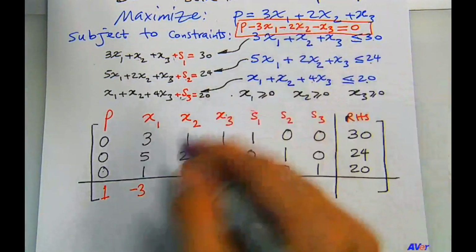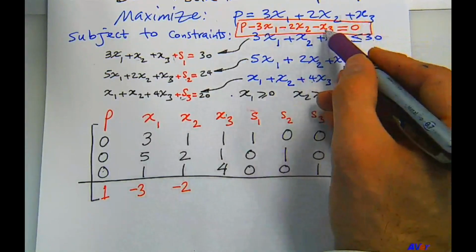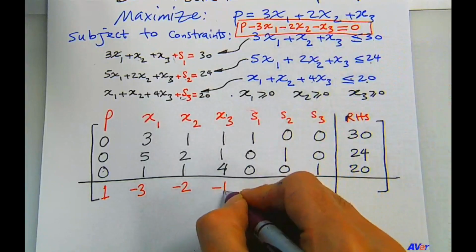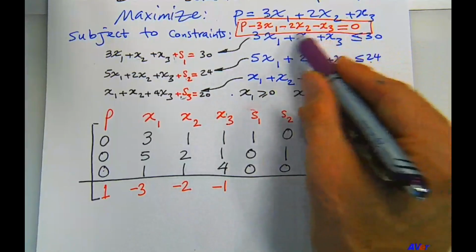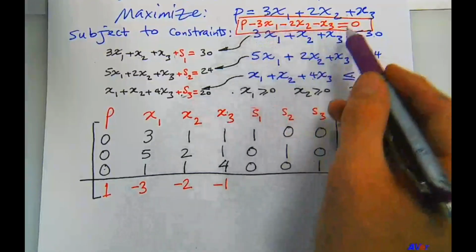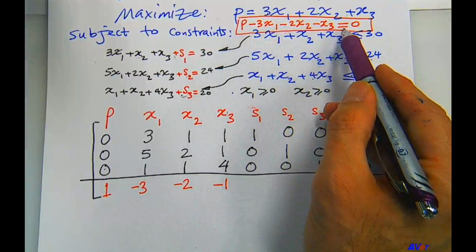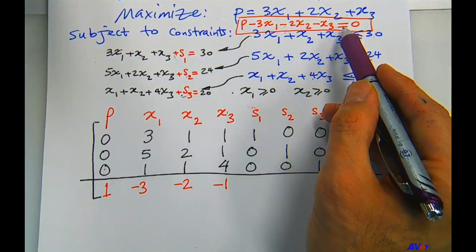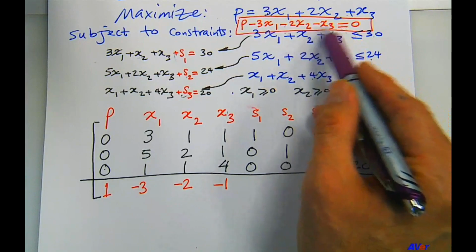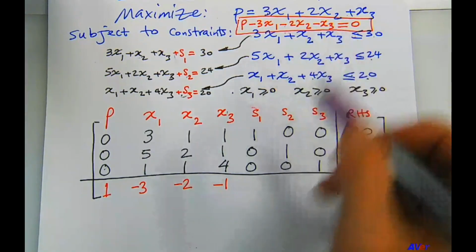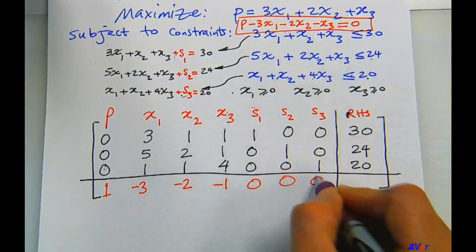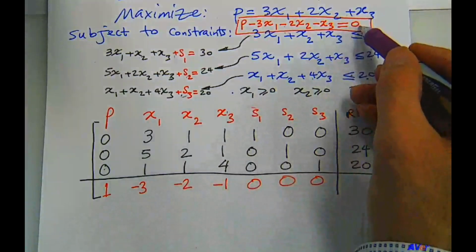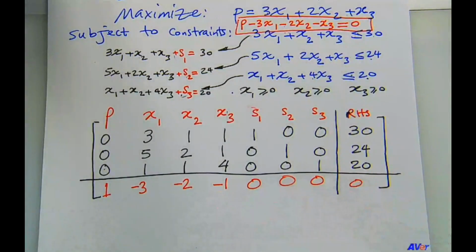X2 has coefficient -2, -2. X3 has coefficient -1, -1. There are no slack variables here, right? Because it was an equality to begin with. We never needed any slack variables for the objective function. So 0, 0, 0. And then the other side is, of course, 0 as well.